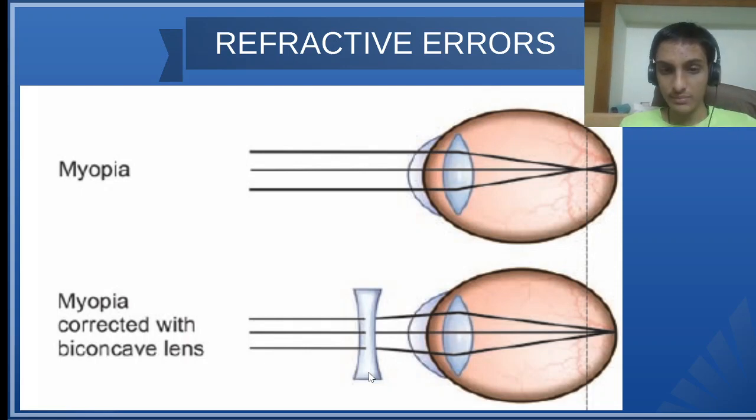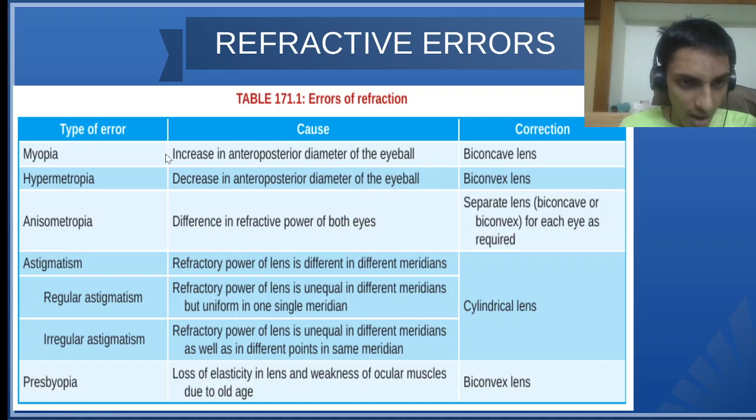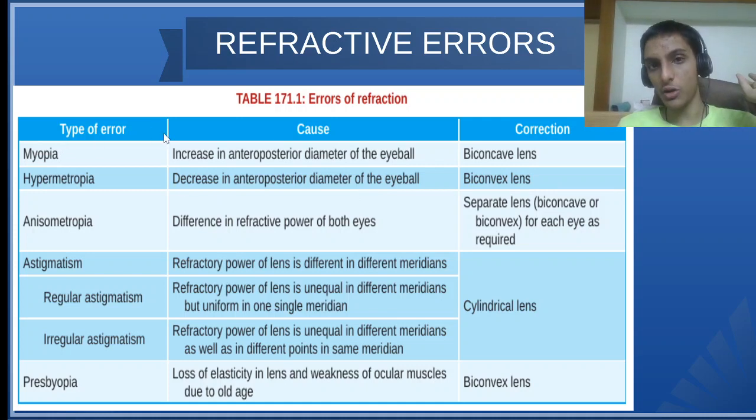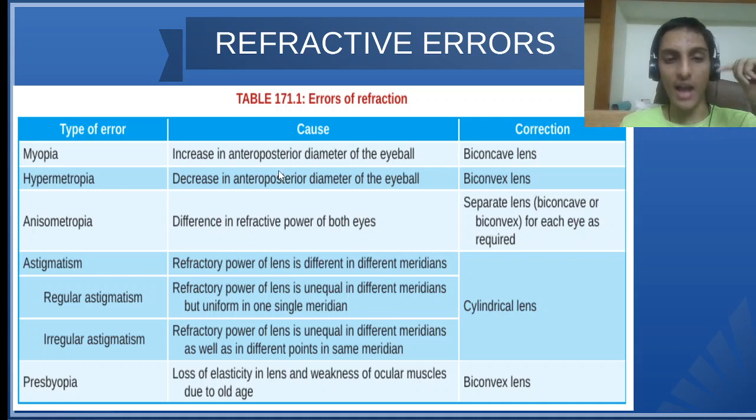Very, very important. So the cause of myopia and hypermetropia is the antero-posterior diameter. It is increased in myopia, decreased in hypermetropia. And anisometropia. Aniso means unequal or dissimilar, so that there will be a difference in refractive power of both the eyes.